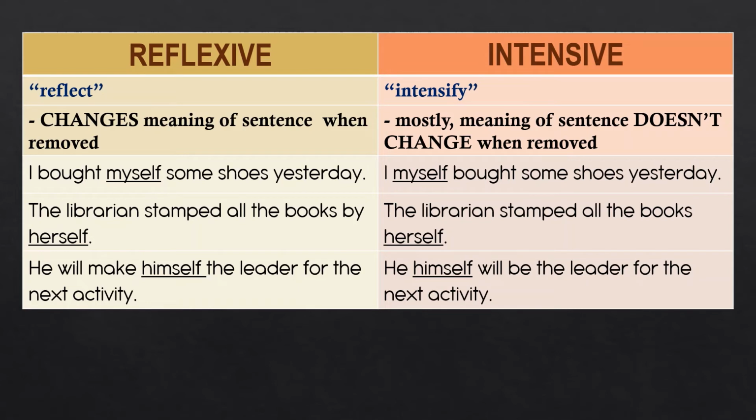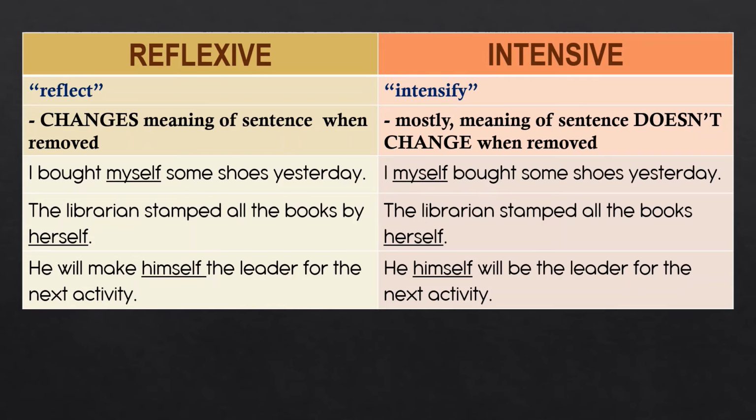We'll have the first one. We have, I bought myself some shoes yesterday. Let's try to remove the word myself. So we'll have, I bought some shoes yesterday. So if we remove the word myself, you will then be given the idea that you yourself bought the shoes, but it will no longer be highlighted that you bought the shoes for your own self.